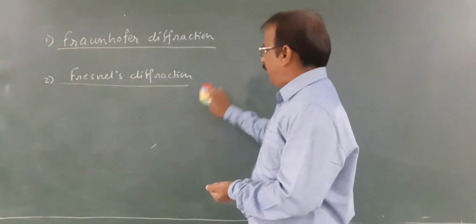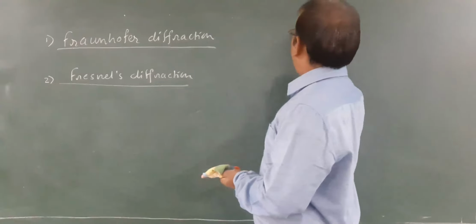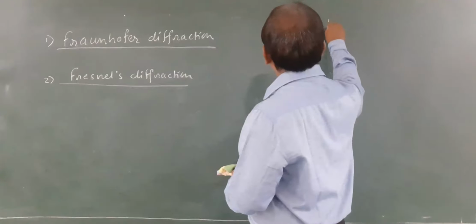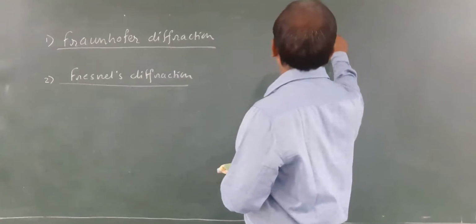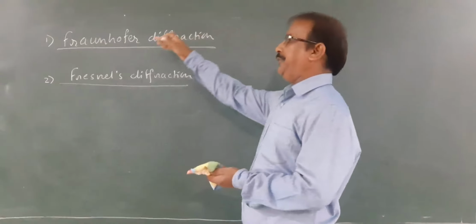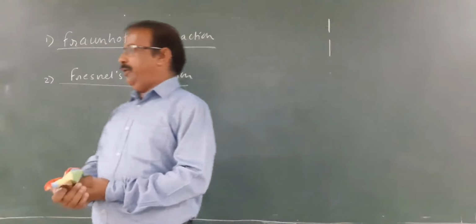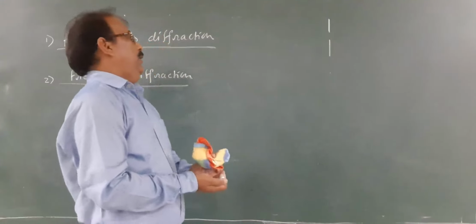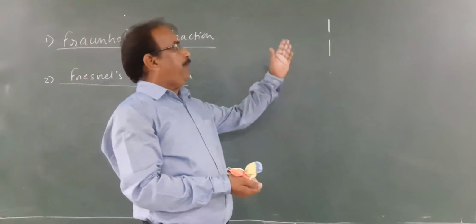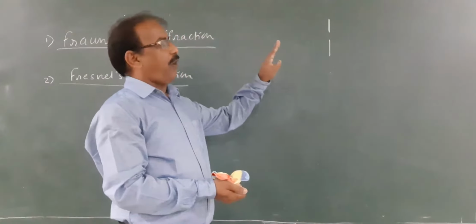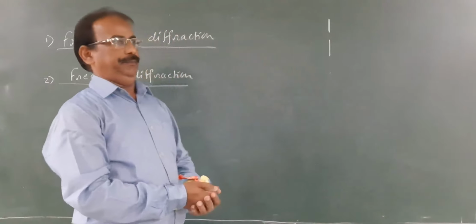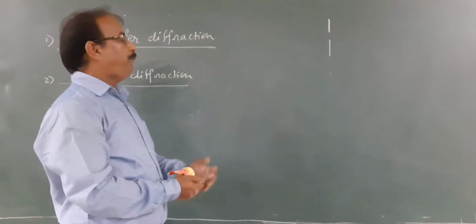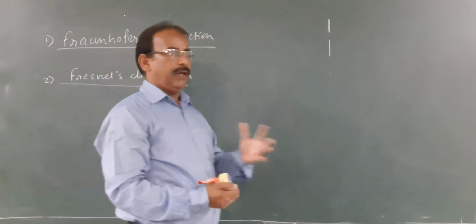In this Fraunhofer diffraction, diffraction is obtained by taking the source of light at infinite distance from the obstacle. Diffraction is obtained by considering a plane wavefront incident on the obstacle. You know when we get a plane wavefront?